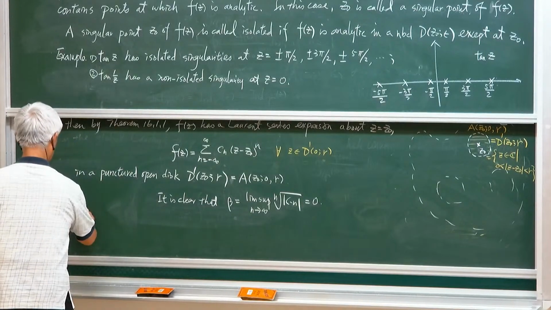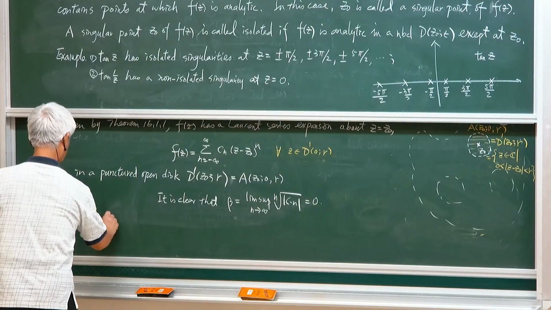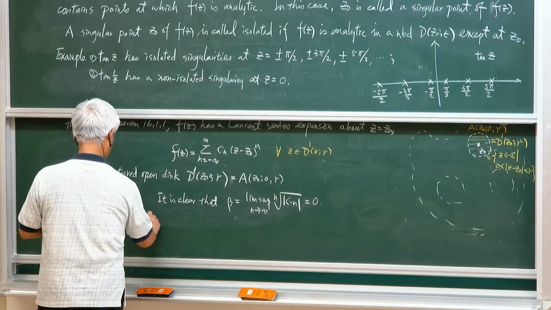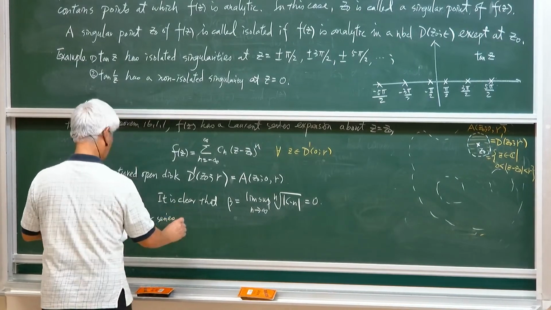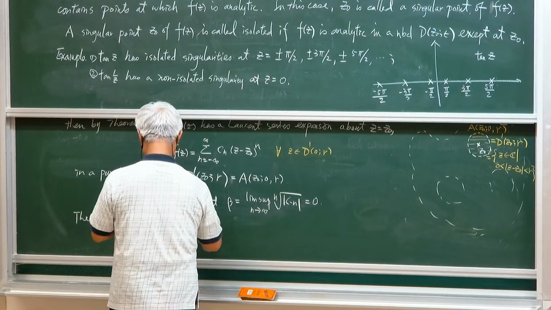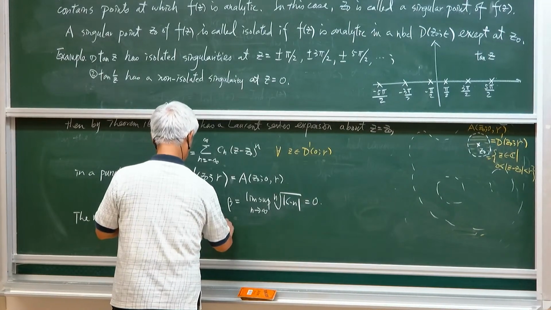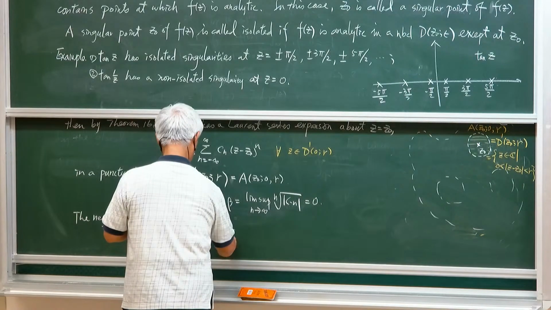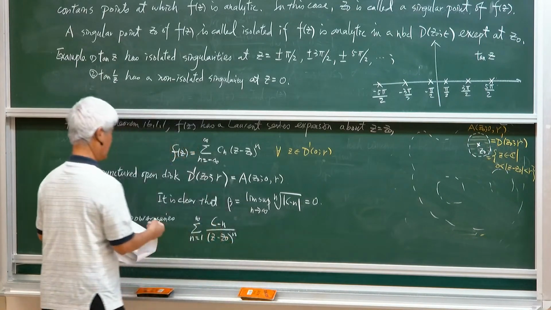Now the negative power series, the summation from n equals 1 to infinity of c minus n times (z minus z0) to the power minus n.